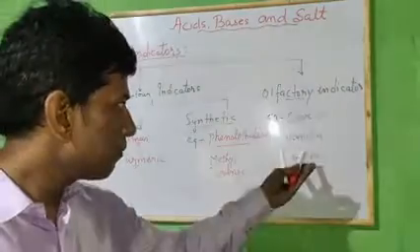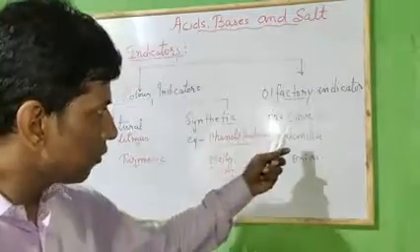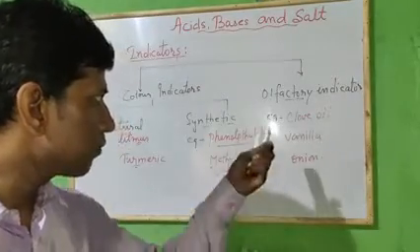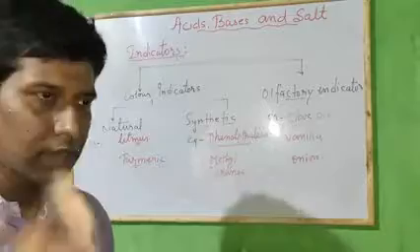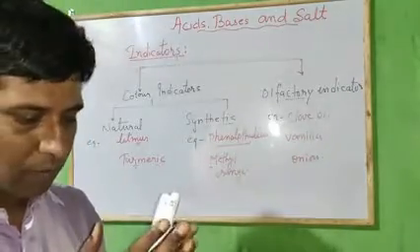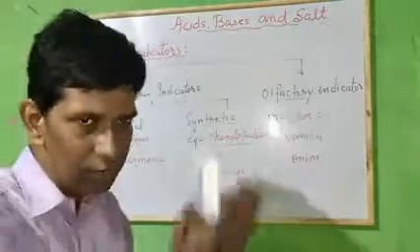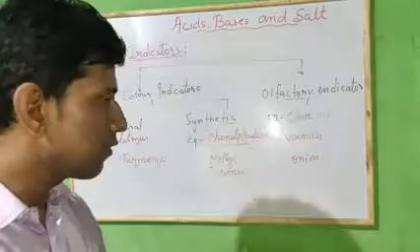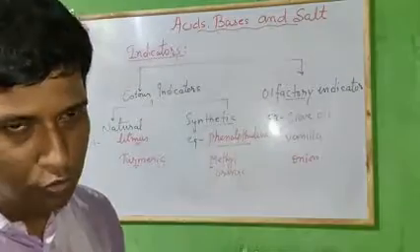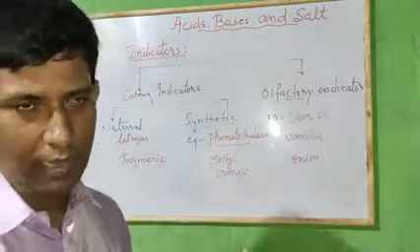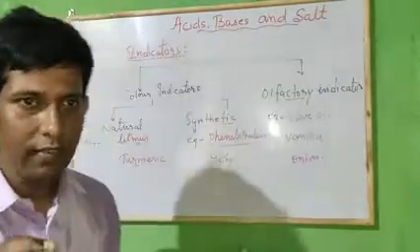When you use any one of these indicators with an acidic solution, it will retain its smell. When these things come in contact with acid, the smell remains as it is and will not be destroyed. So if the smell is not destroyed, we can easily understand that the given liquid is acidic.